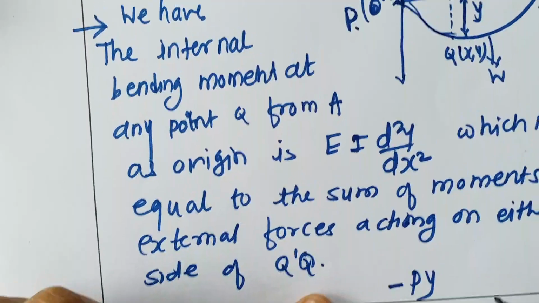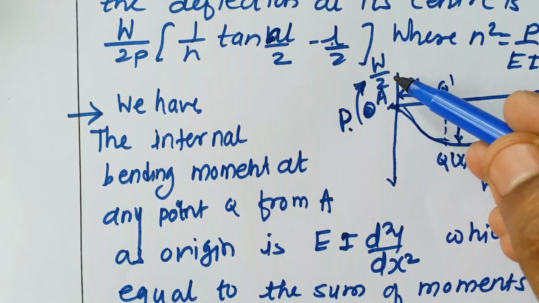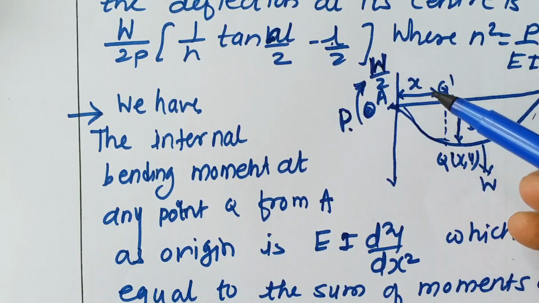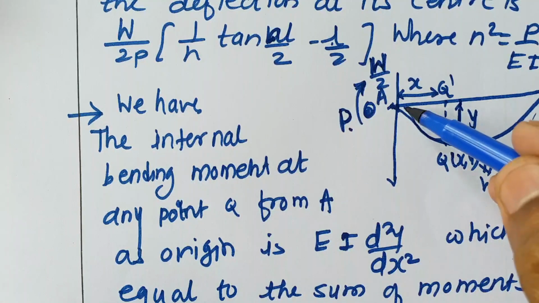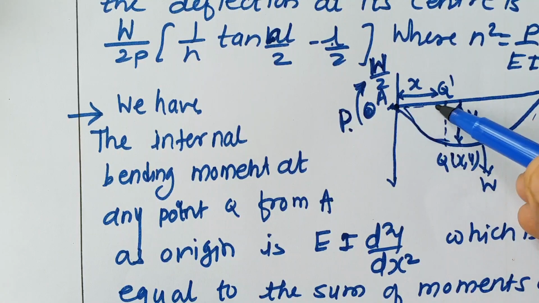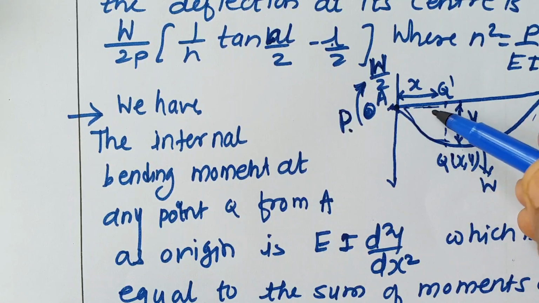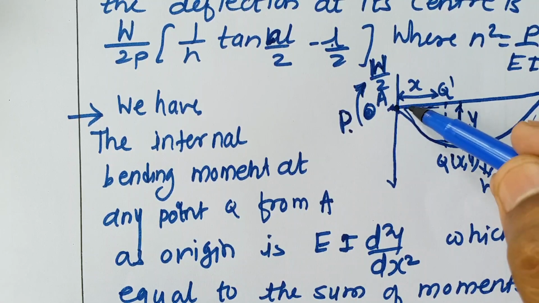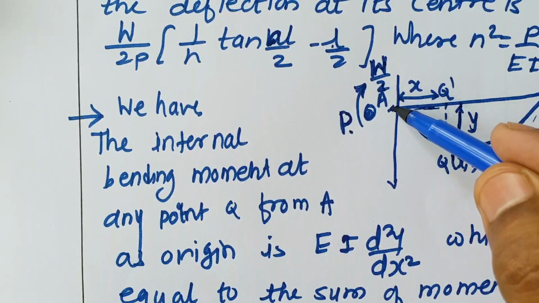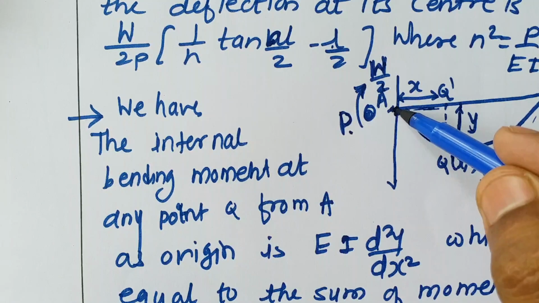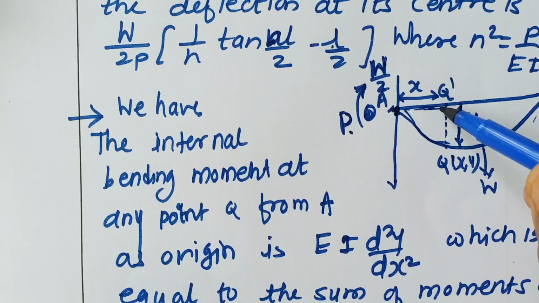This is the moment Py. Another force is due to the weight W by 2 at the end point, acting along the elastic curve horizontally over the x-axis. This load is W by 2 at the end point A, and the distance is x.